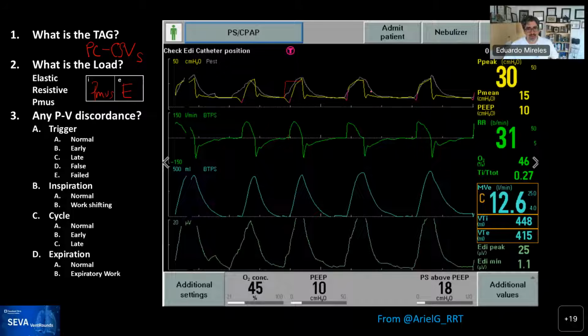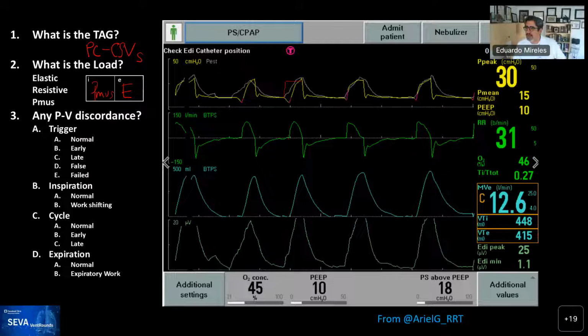But what I like about this graph that Ariel provided is that it gives you the correlation with the flow waveform. And you can see how by looking at the waveform, you can make a decision of where the PMOS was occurring. Now, look at the different waveforms, and it's very interesting. The first one, they overlaid the EDI on top of the pressure waveform.